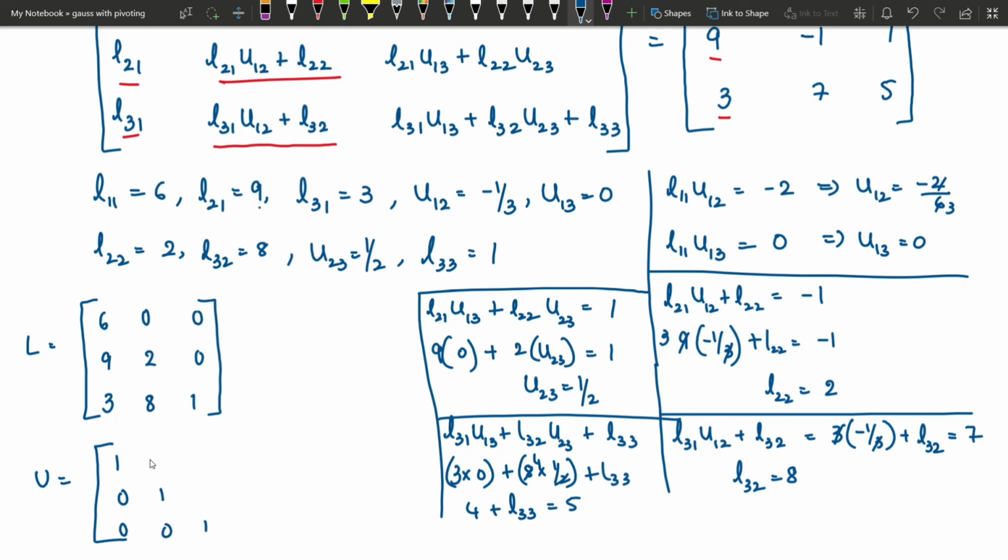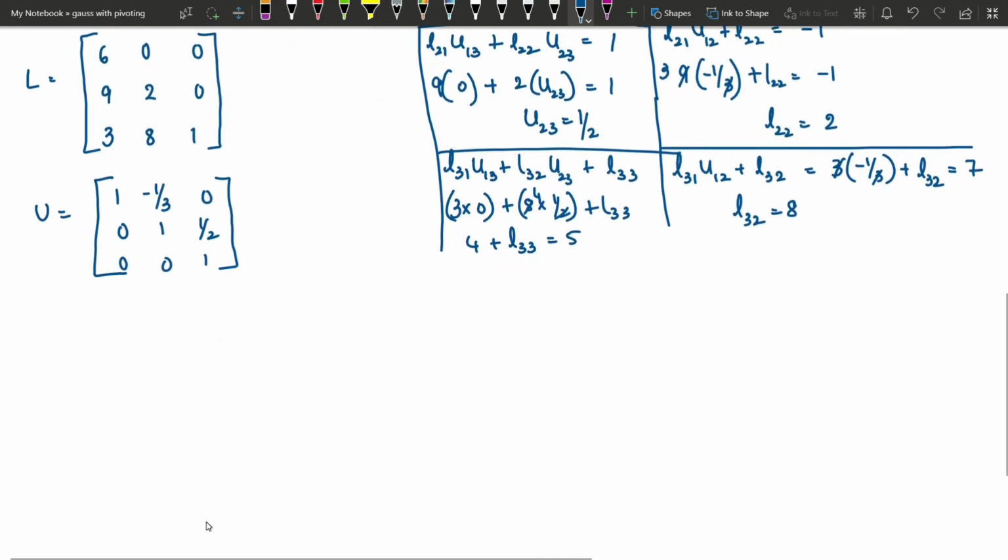This is L. And what is matrix U? Diagonal elements are 1. These three elements are 0. We have to write U12 here, which is minus 1 by 3. U13 is 0. Next we have to write here U23, which is half. Now we have completed the decomposition step where we have L and U.